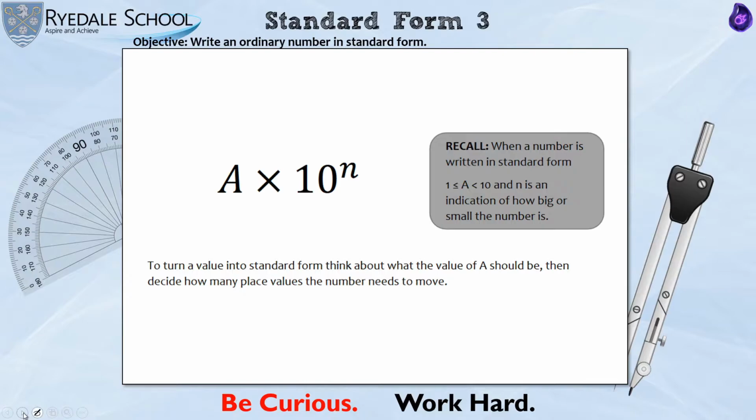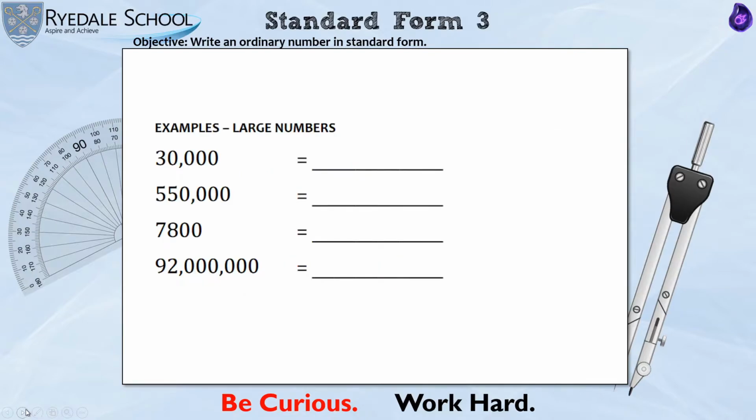So let's see how this first of all works with large numbers. Okay? So here are 4 questions, and we are going to try and turn each of these into a number in standard form. So the first thing to do is look at the number itself, 30,000, and look at the important digits.